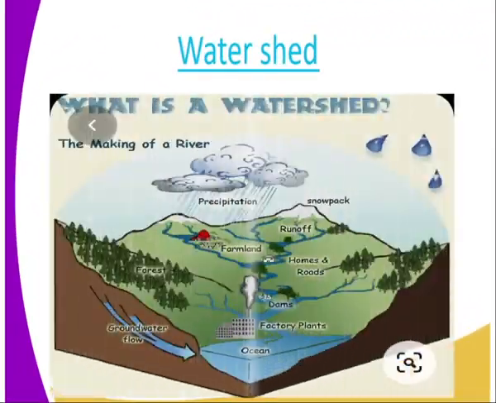Let us see the watershed. As you can see the watershed there, you can also see the area that is being served by the river that is flowing there. We have the homes, we have the factories. You can also see the area which that river occupied.